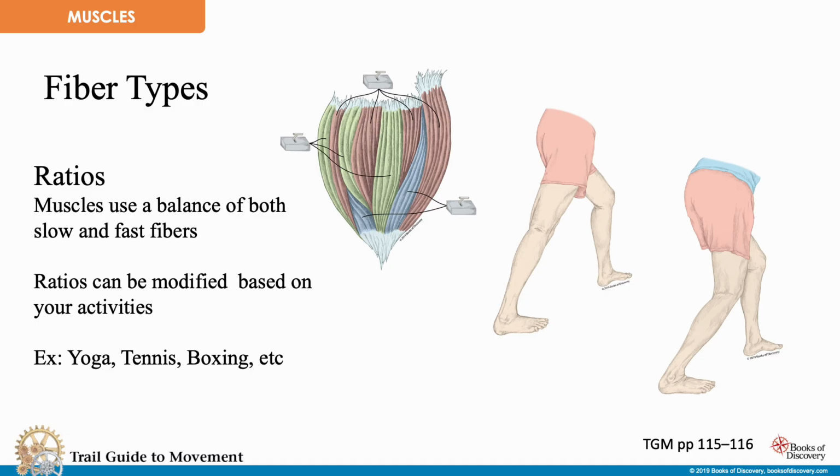So why does this matter for us? When you have a client on your table, their lifestyle is written in their muscles. If you are working on a professional athlete, their muscle tissue is going to feel very different than someone who does yoga. The boxer might feel snappier or more reactive because they have a high ratio of fast twitch fibers. So you might notice jerking.